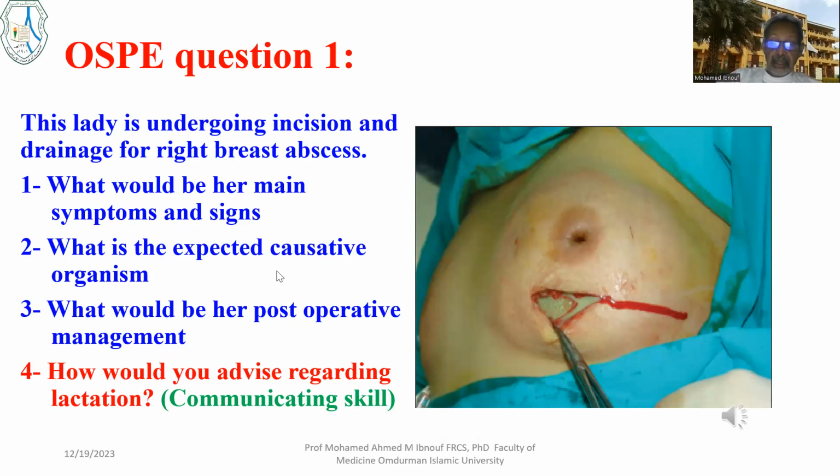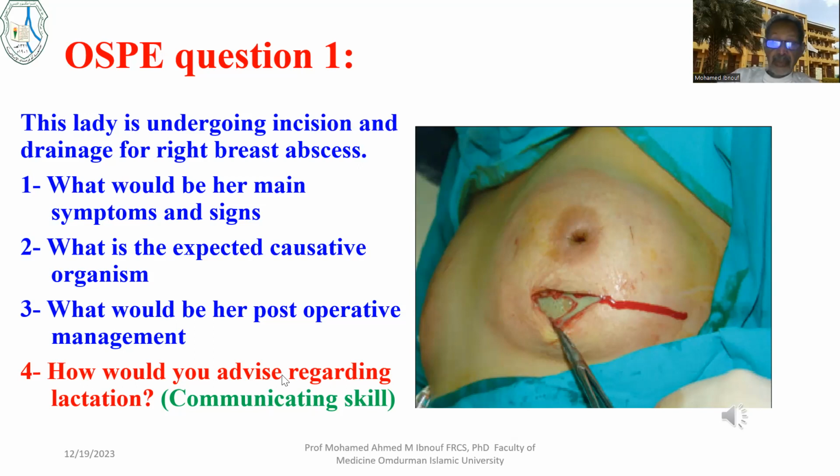And what is the expected causative organism in breast abscess? And what would be her post-operative management? Then how would you advise the patient regarding lactation? This is difficult because she has got an inverted nipple here. It is a communication skill question.